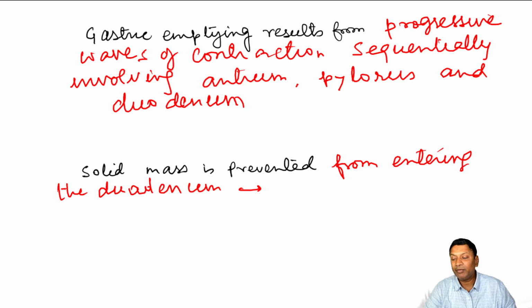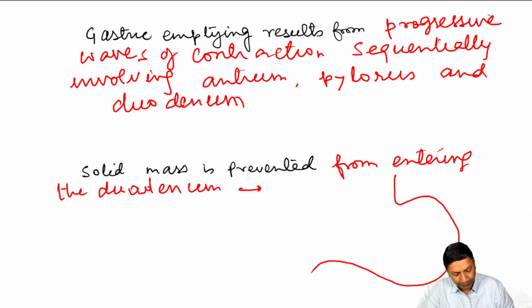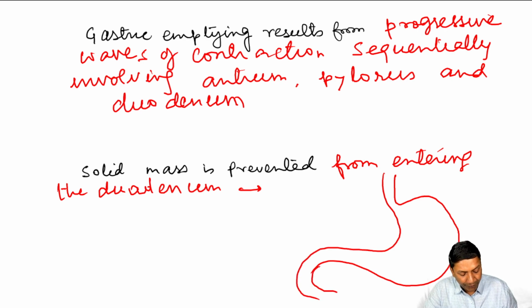So what happens is that when the food enters into the stomach, this food will be broken down into the chyme, and it will convert into the semifluid, and this semifluid will pass through the pylorus to the duodenum.